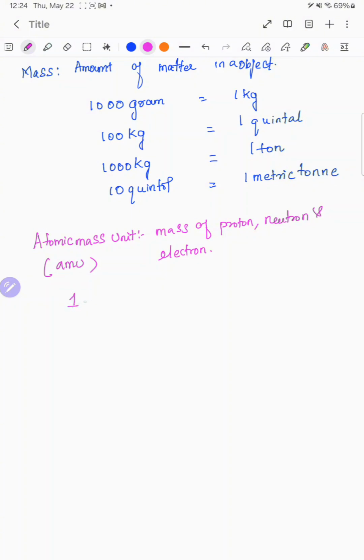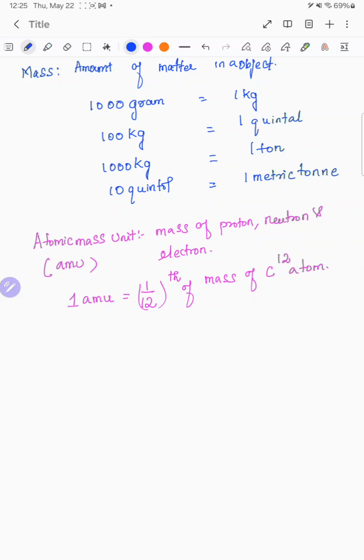So 1 AMU, that is one atomic mass unit, equal to 1 by 12th of the mass of a C12 atom, that is the carbon atom. That's all.